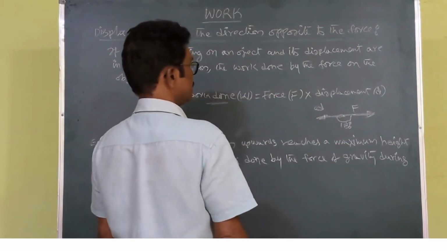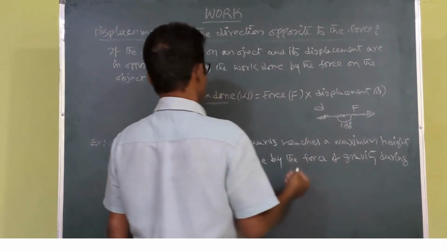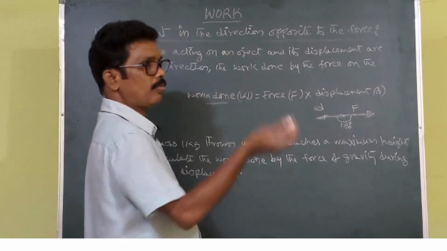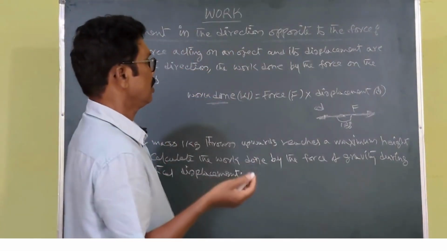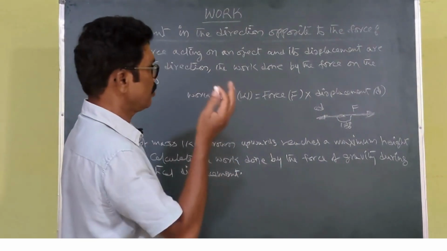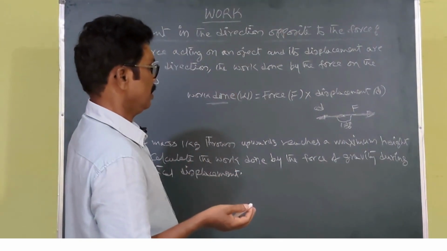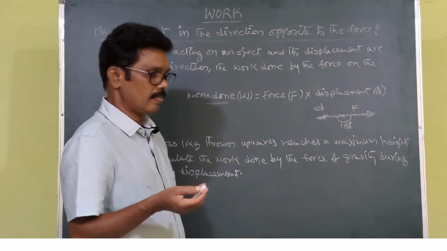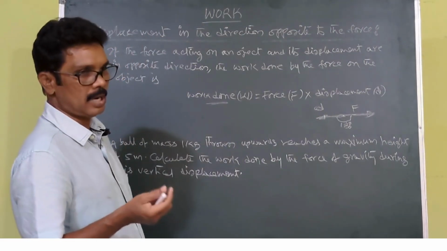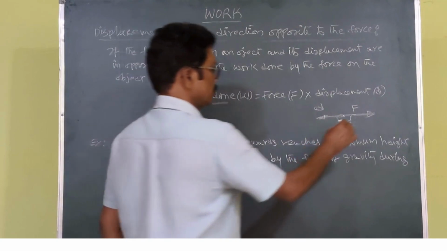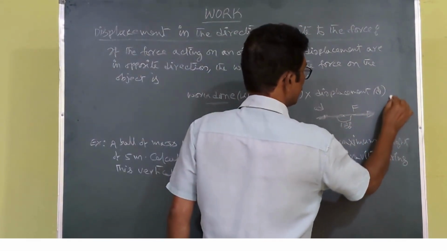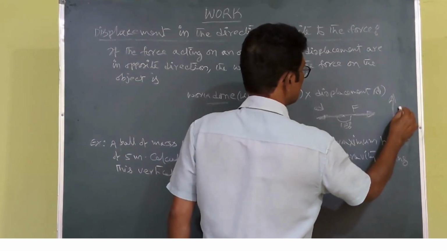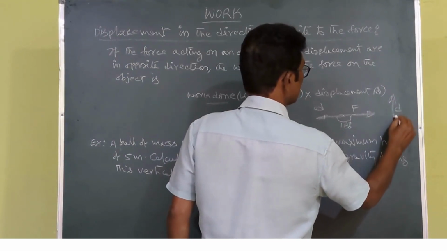The example is a ball thrown in the upward direction. The ball goes up to a maximum height, while the gravitational force is pulling the ball down. The displacement is d upward.